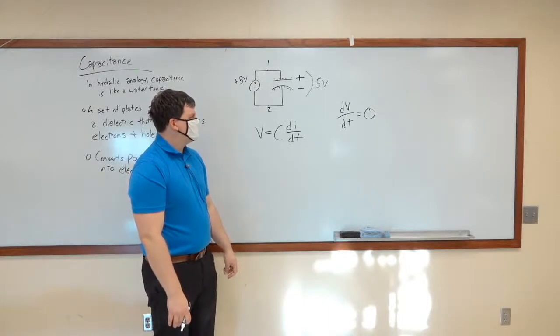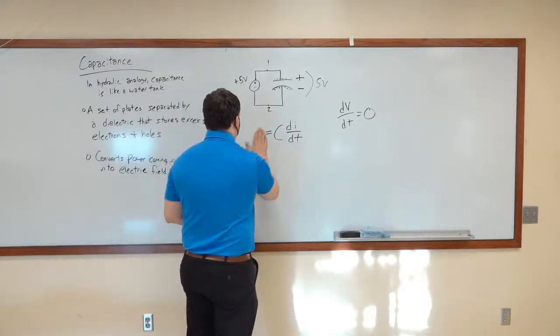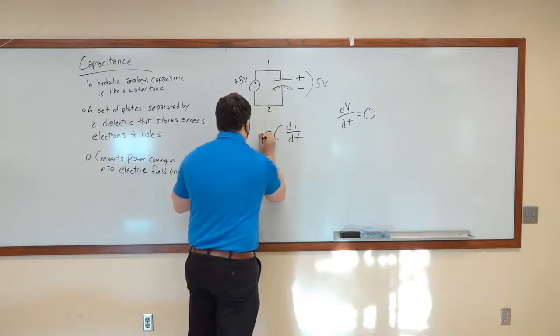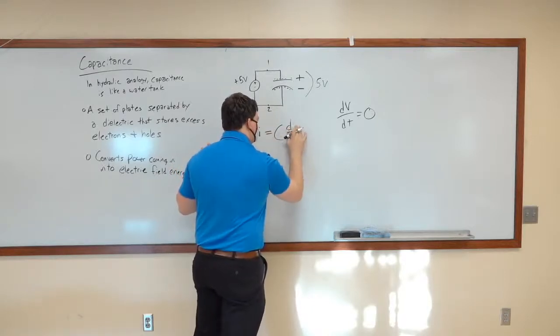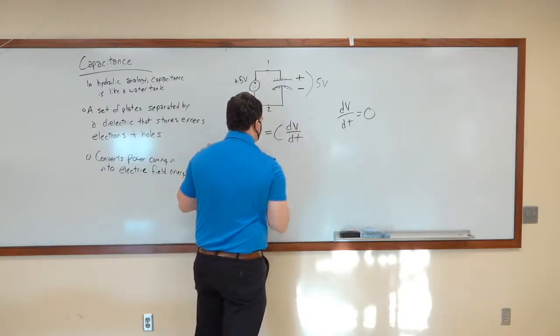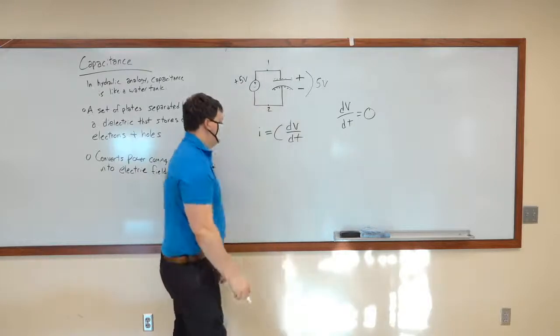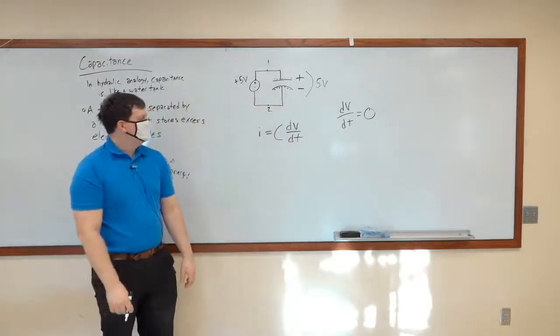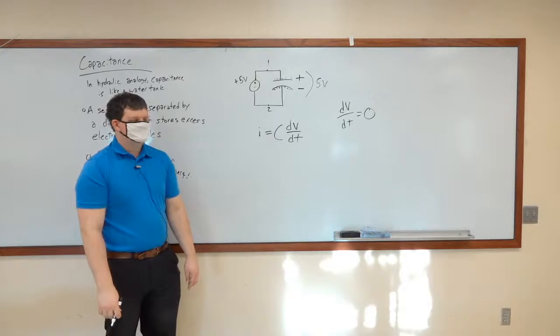No, I got this exactly backward. Yeah, dang it. I wrote this backwards. I equals C dV dt. Duh. My apologies.